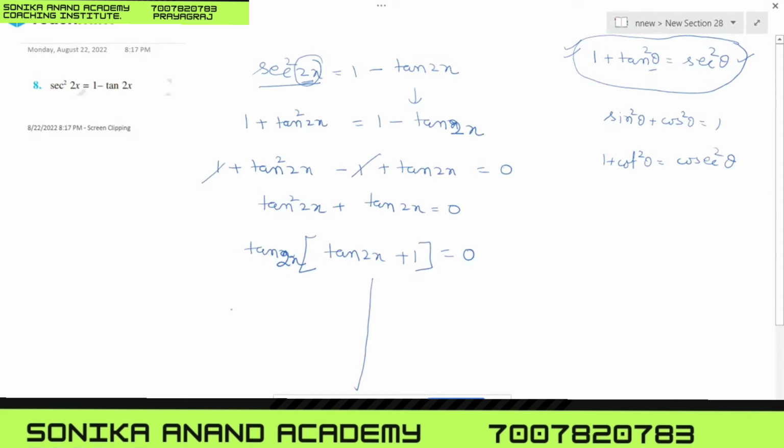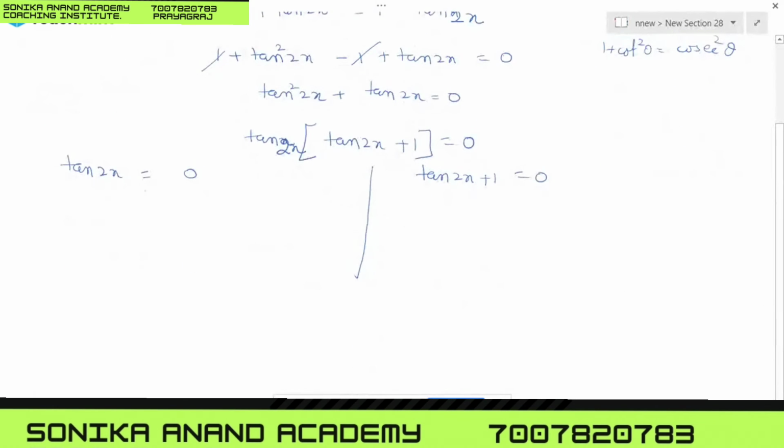Now we again partition it. Tan 2x is equal to 0, and tan 2x plus 1 is equal to 0. So tan 0 is 0, for 0 degree. So tan 2x is equal to tan 0.